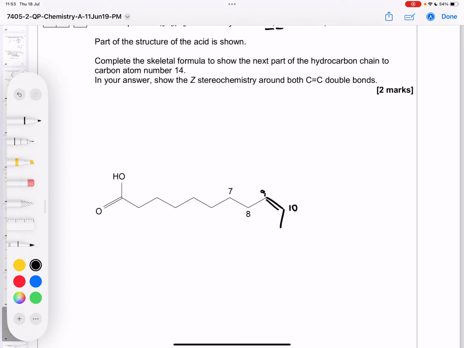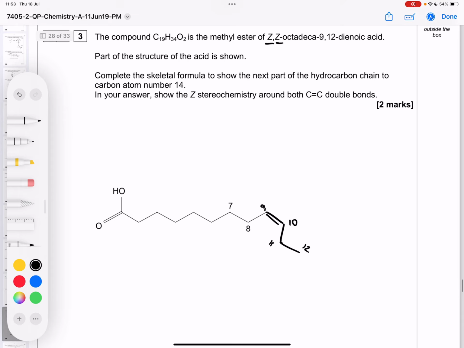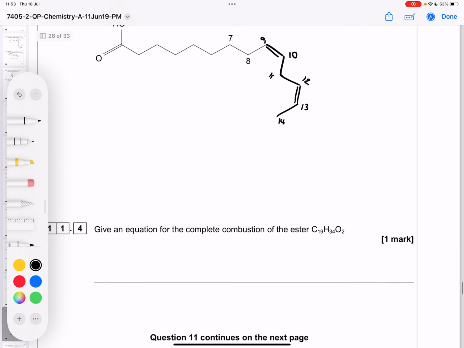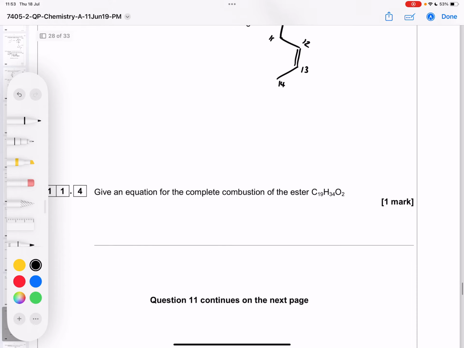So 10. This would be 11, then carry on the zigzag, 12. And we want another double bond at 12. So the zigzag would carry on this way, and then we'd have a double bond, and we want it to be Z again, so we come down this way, and it says to stop at 14, so I can just stop here. So they both need to be Z, so the highest priority groups coming off the same side.